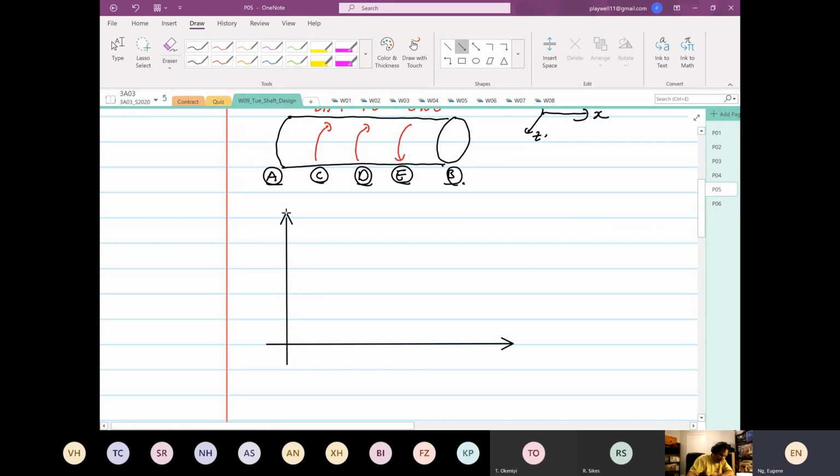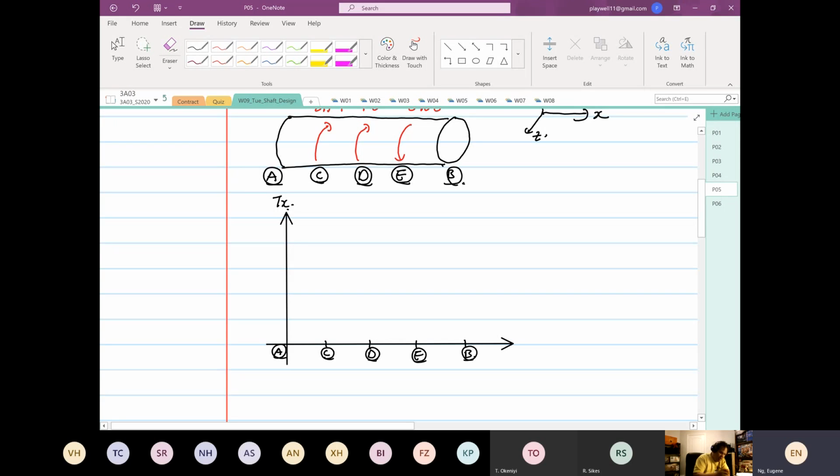This is the part that is so important. So this is torque in the x direction, as a function of x. So point A, point C, point D, point E, and this is our point B.